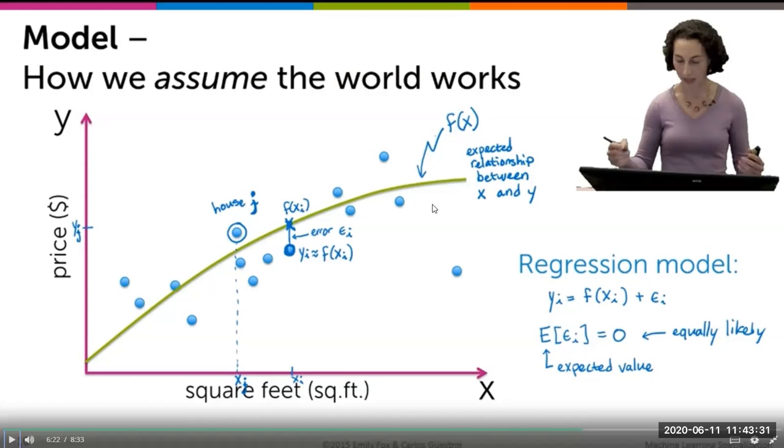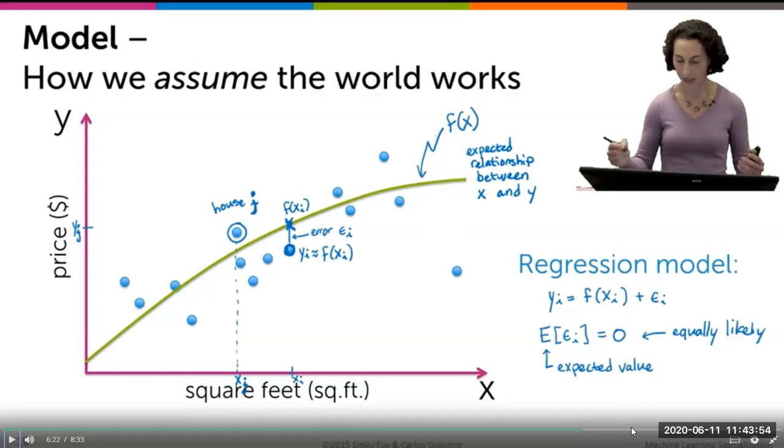Yes, Professor. Okay, and how did she say it? She said this functional relation which we call F. That's right. It's this functional relationship we call F, otherwise known as the green line. So anyway, we're saying that the dot, the observation, is equally likely to be above or below the green line.